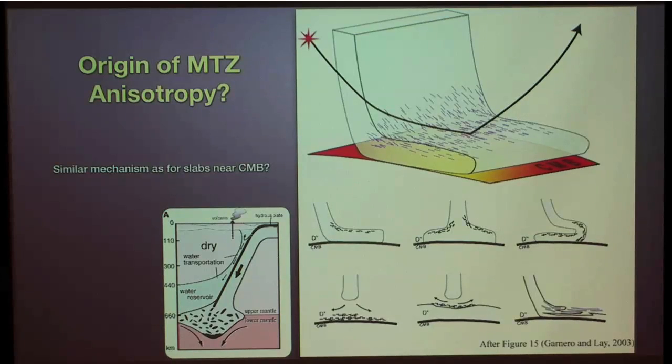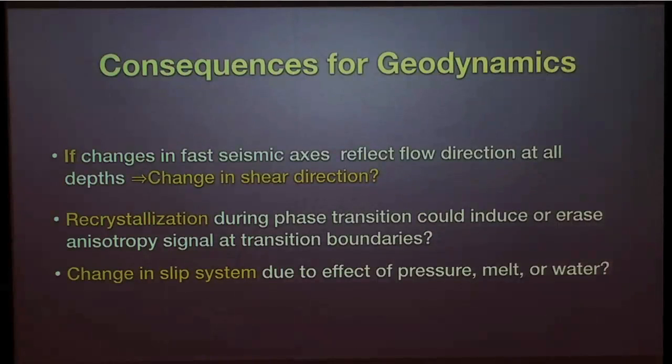One possible candidate is that some slabs are stagnating in the transition zone. Maybe the water in the slab or around the slab is weakening the material and possibly causing the anisotropy. I don't know. There are lots of open questions.